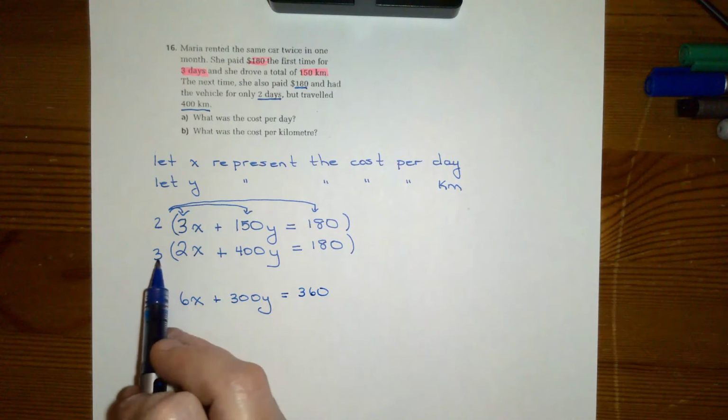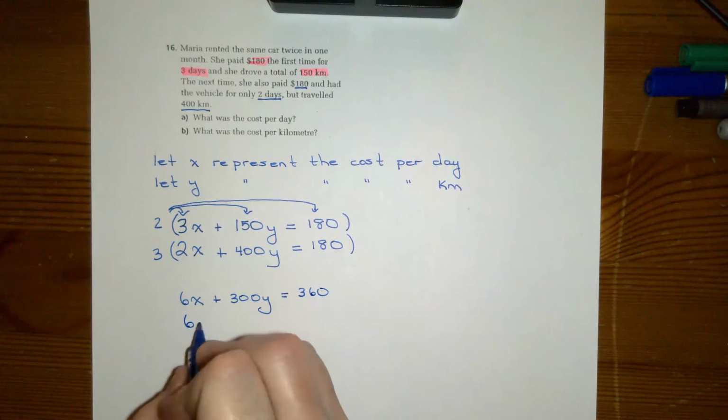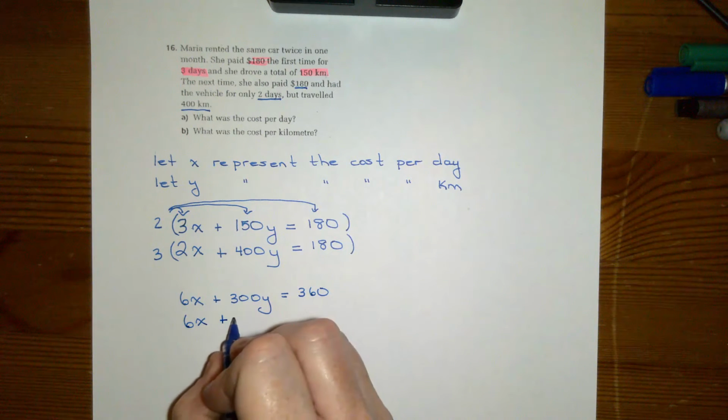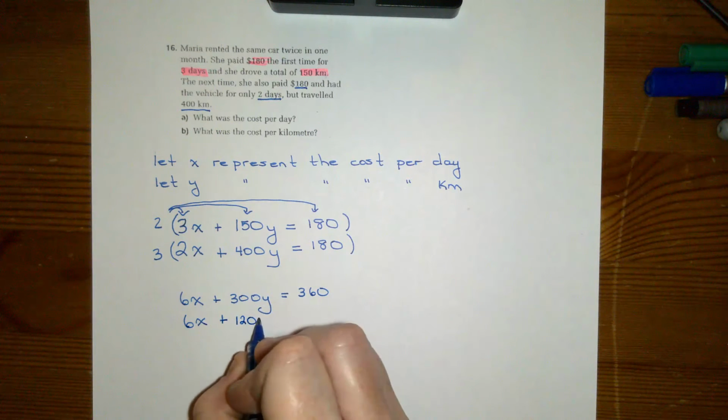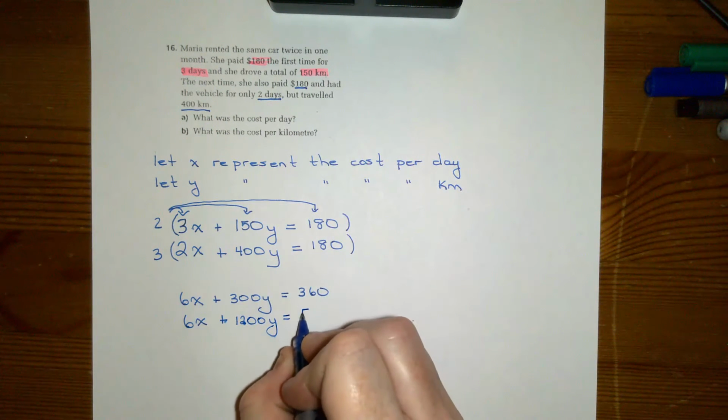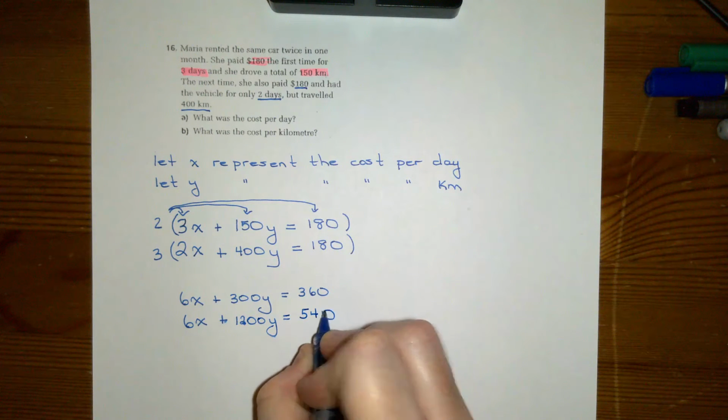And then we do the same thing here. 3 times 2x is 6x, 3 times 400 is 1200y, and 3 times 180 is 540.